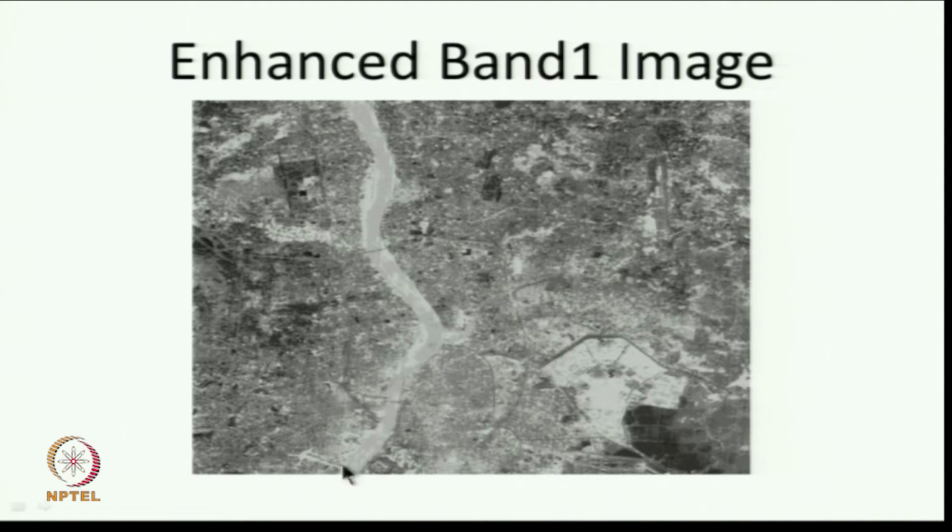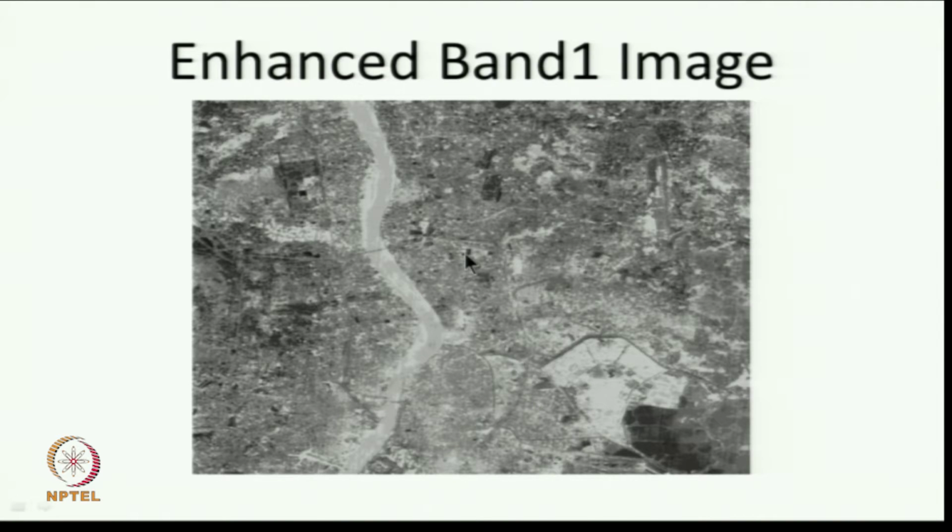And this was the second Hooghly Bridge, it was under construction in those days. And these black things correspond to pond areas. This black is also pond area, and this black is also pond area.